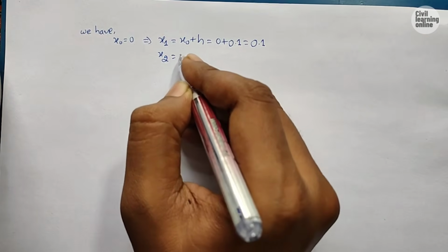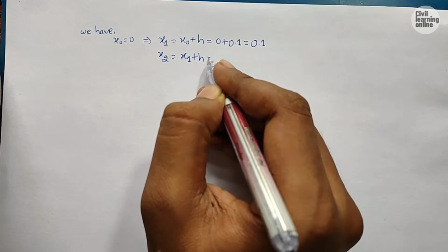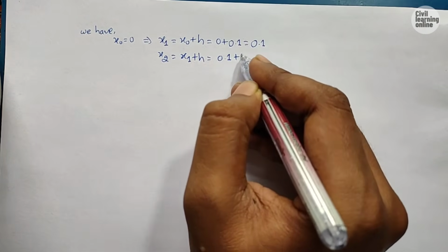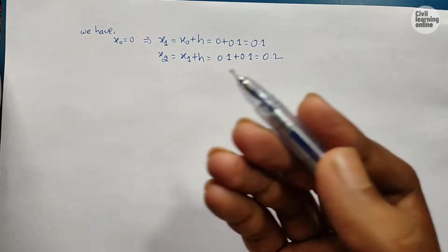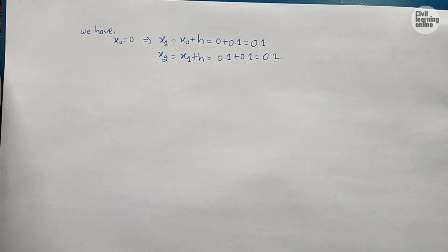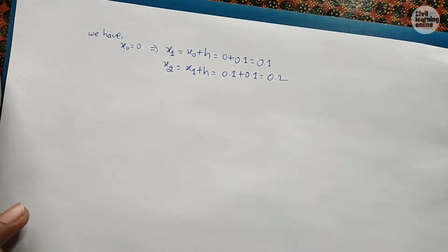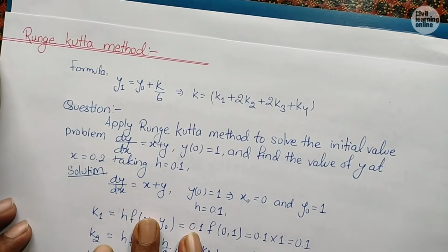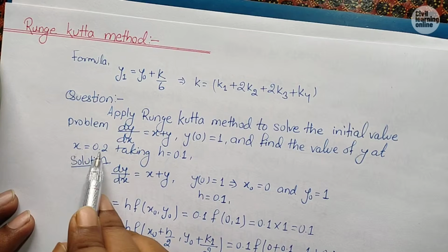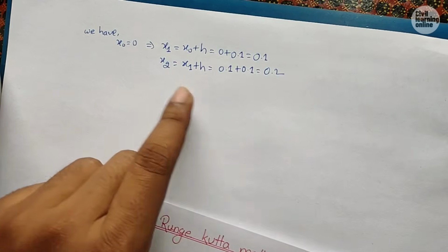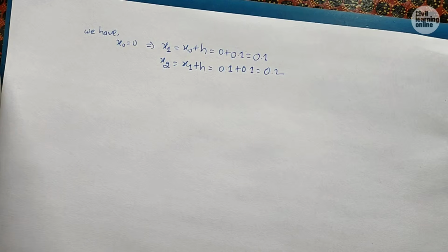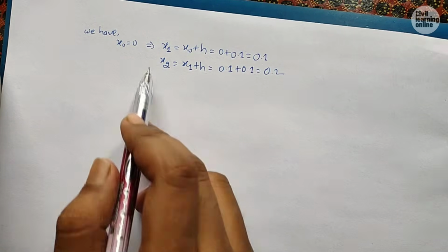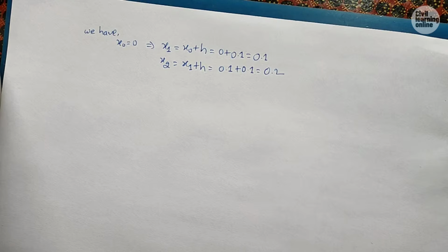Similarly x2 will be equal to x1 plus h, 0.1 plus 0.1, meaning 0.2. As in the question we are asked to calculate the value of y at x equals 0.2, and we have got x2 equals 0.2, the value of y which we get in this step will be our final answer.